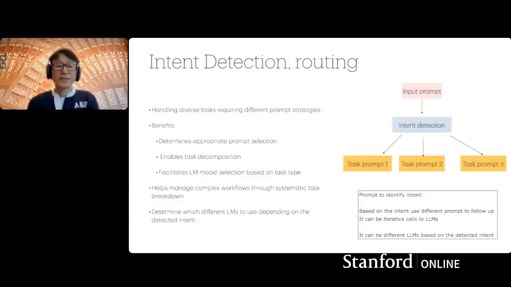All right, so this is a simple idea, but it will be helpful for many applications. Instead of taking your input prompt as is and processing it, you may have some software or model that detects the intention and then sends it to different prompt handlers. This is also known as the prompt router.